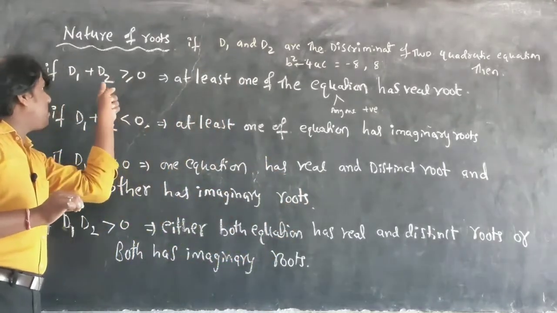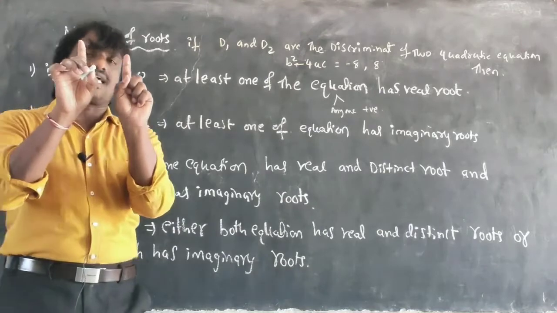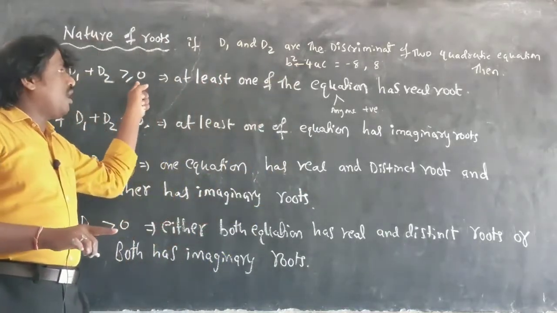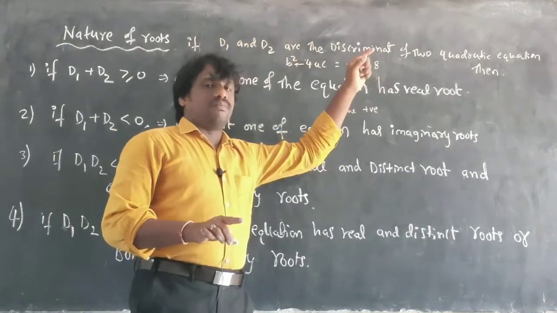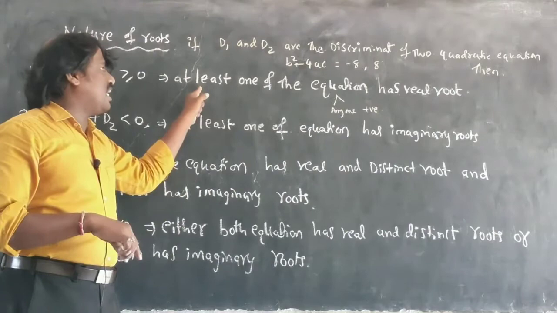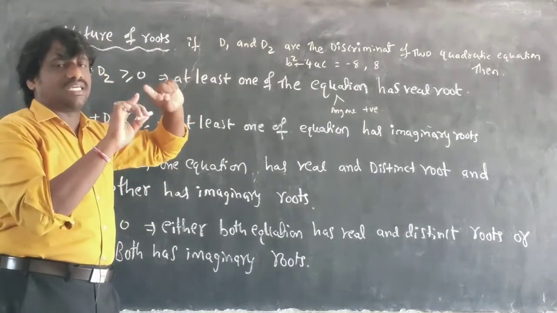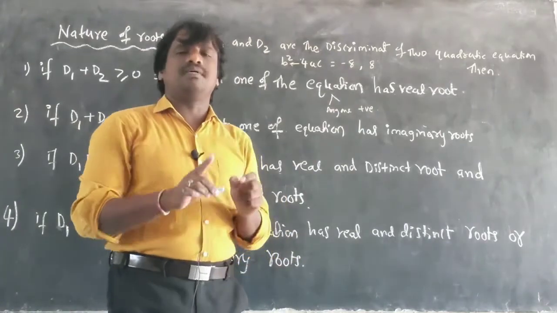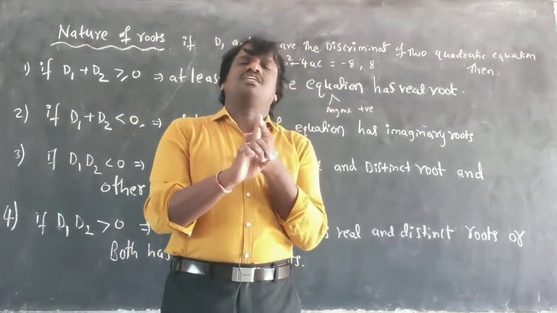So if D1 + D2, the addition of discriminant 1 and discriminant 2, is 0 or more than 0, at that time we will say that at least one of these two quadratic equations has real roots. Means minimum one equation will have real roots.